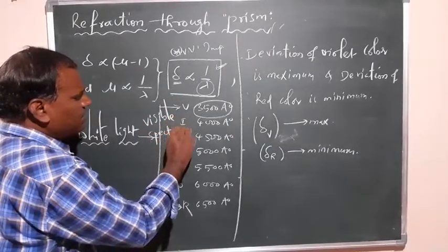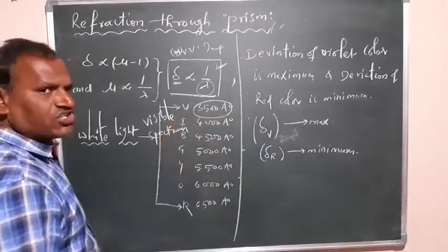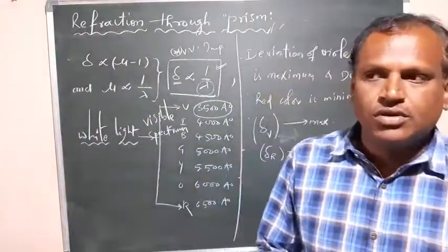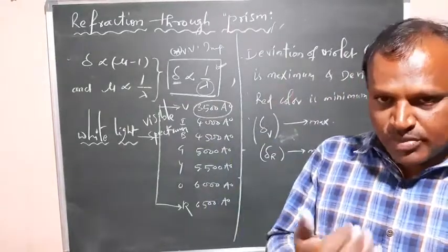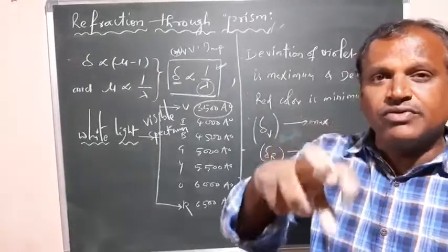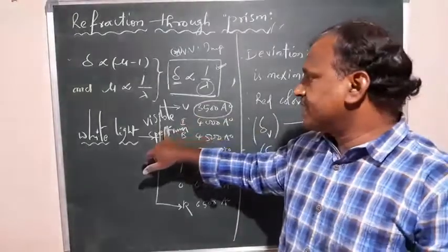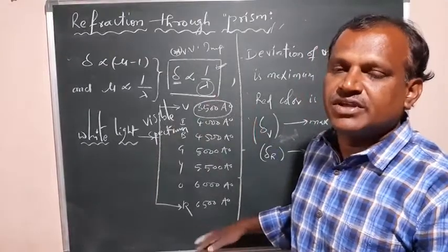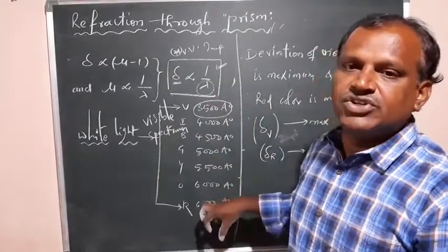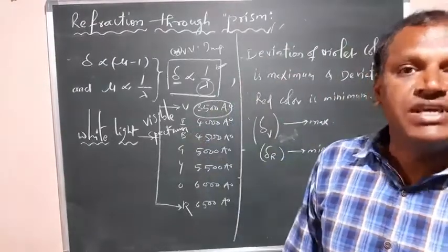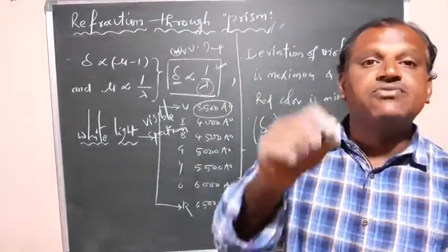Spectrum means the electromagnetic radiation which we can view with our eyes. That part of the wavelength range, roughly 3500 to 7000 or 6800 angstrom units, which we can see by our eyes, is called the visible spectrum.